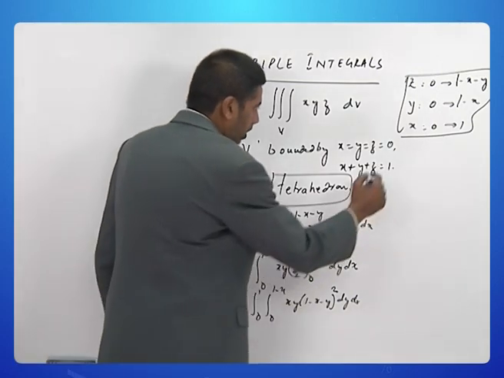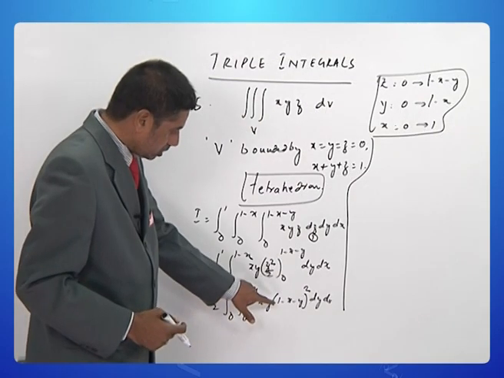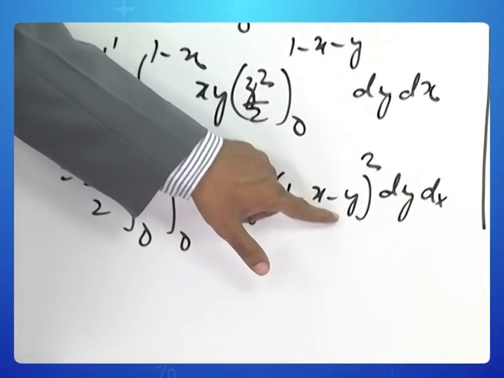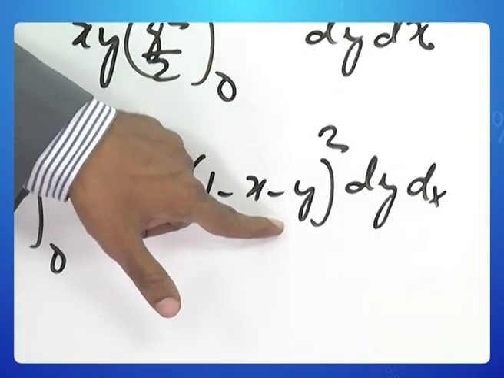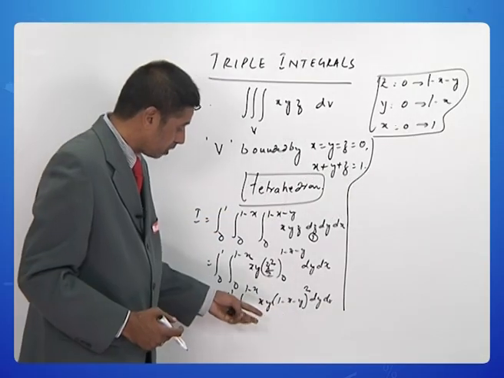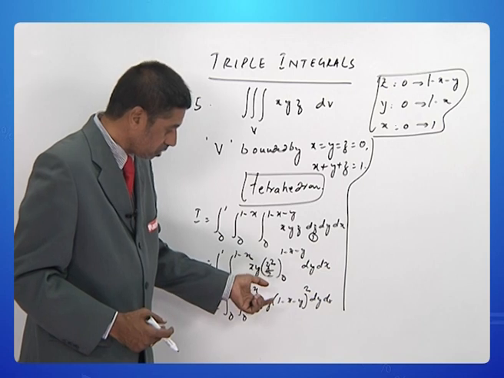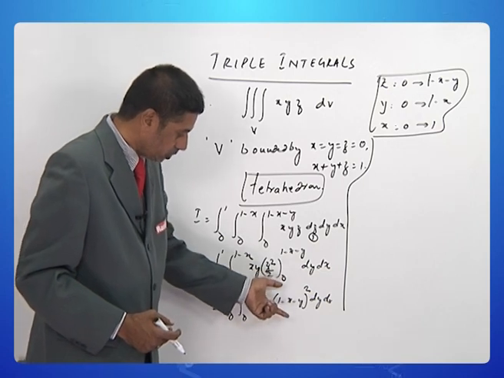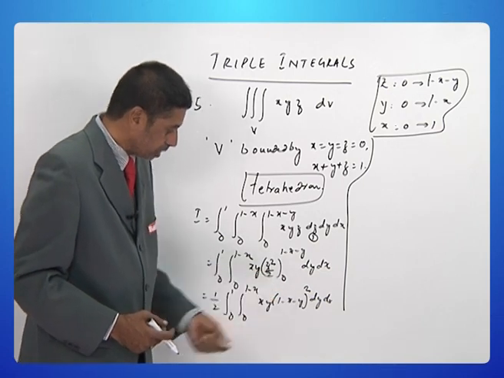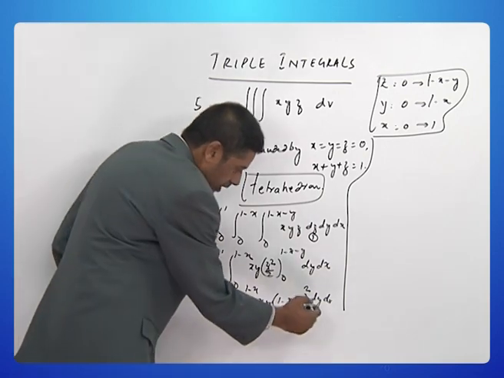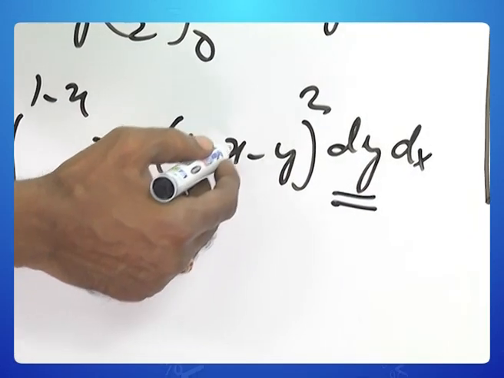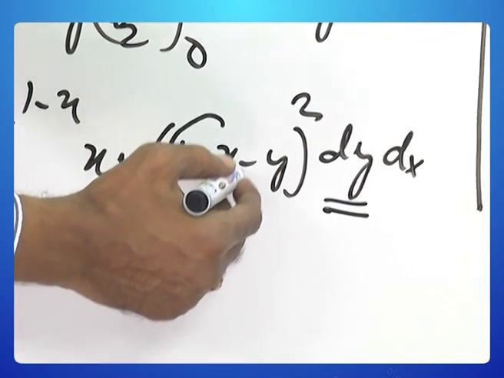So here one has to be careful. Again, there is a trap. 1 minus x minus y whole squared, direct expansion will take you to 6 terms. That will make it 6 integrations at the next stage. But if you are a bit careful and know which variable you are going to integrate, then we can minimize the expansion. Because the integration is with respect to y, 1 minus x can be treated as a constant.